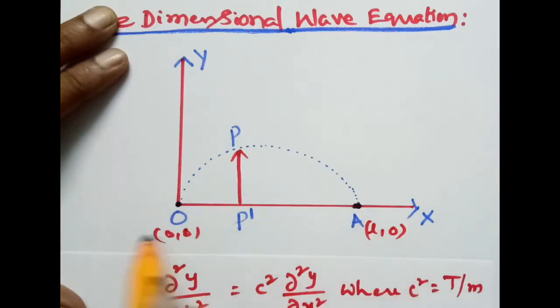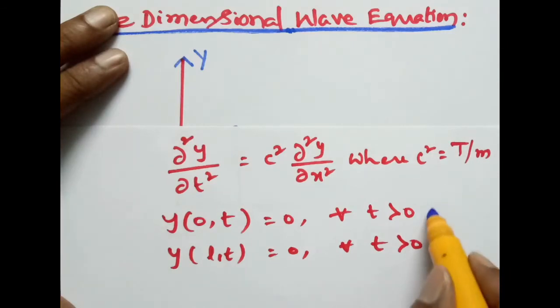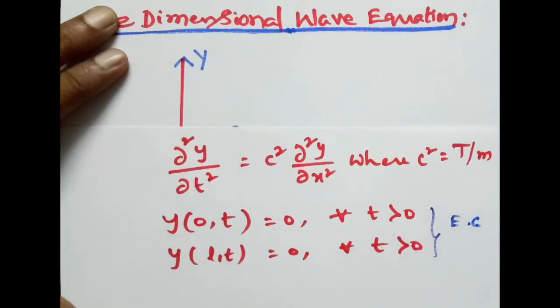So these two conditions are boundary conditions. y of 0 comma t equal to 0 for all t greater than 0, y of L comma t equal to 0. These two are called end conditions or boundary conditions.